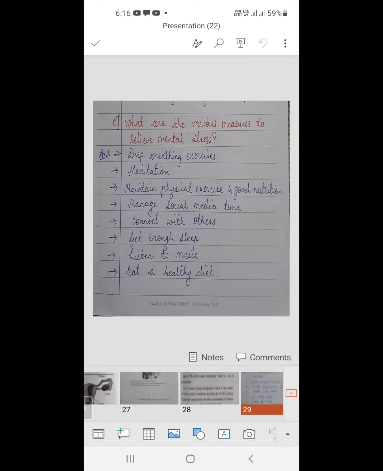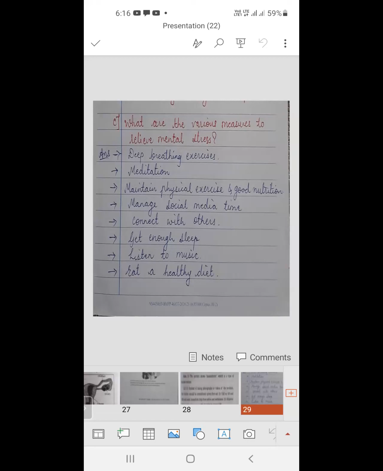Manage social media time. Next is connect with others. Next one is get enough sleep, listen to music, eat a healthy diet. If you write only these points, you can score all marks, that is 5 marks for these 3 questions.